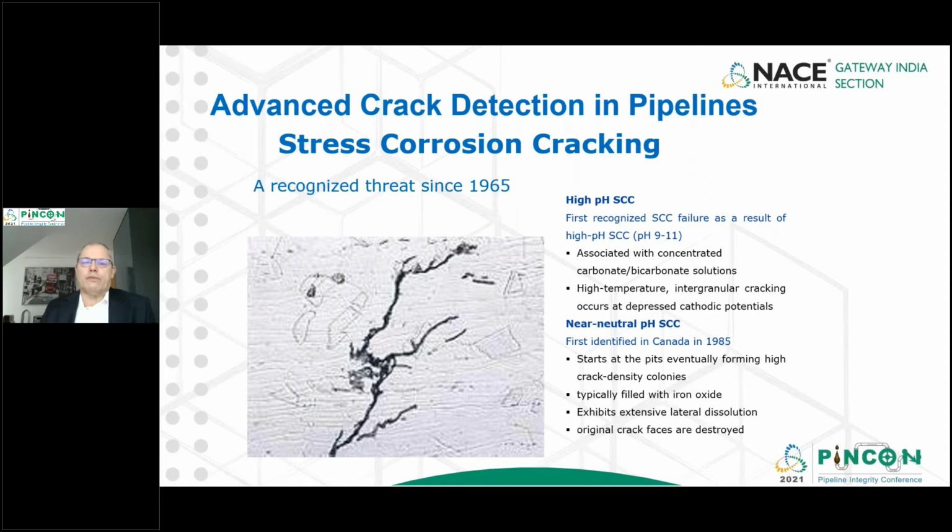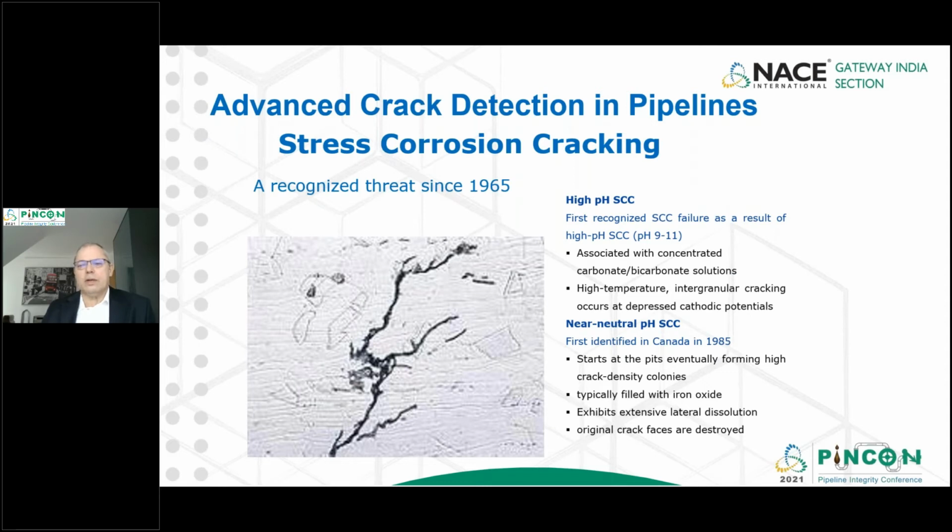The other type of stress corrosion cracking is near neutral pH, and this was first identified in Canada in 1985. What all these stress corrosion crack types have in common is that they appear in pipelines with high temperature, with high pressure, and also with alternating pressure.